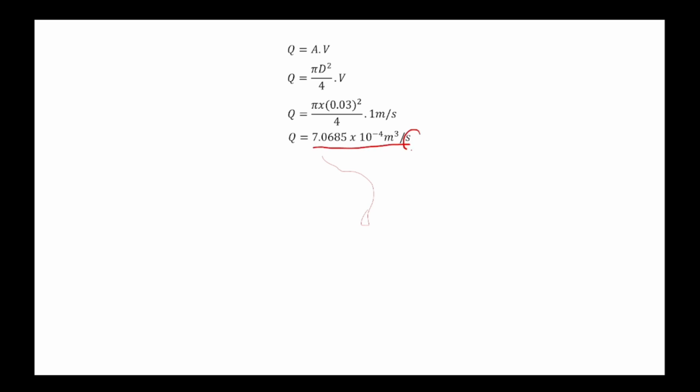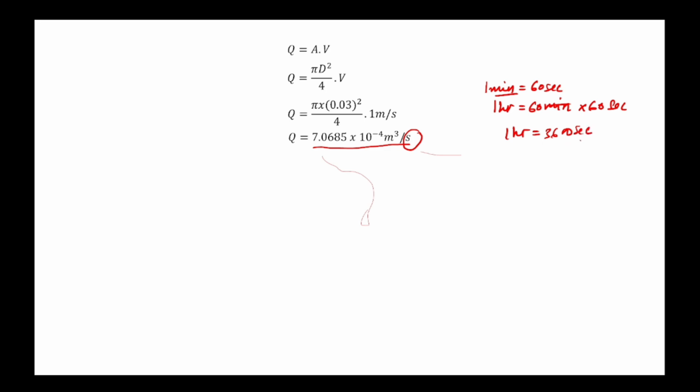We have to convert it into hour. 1 minute is 60 seconds, 1 hour is 60 minutes, so the minute will cancel and it will become 60 seconds, so 1 hour is 3600 seconds.